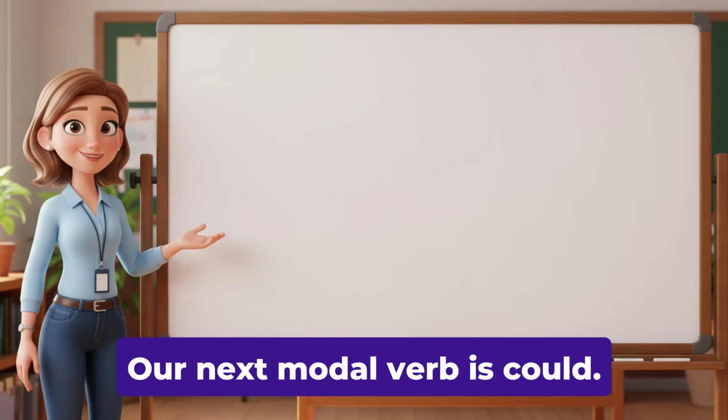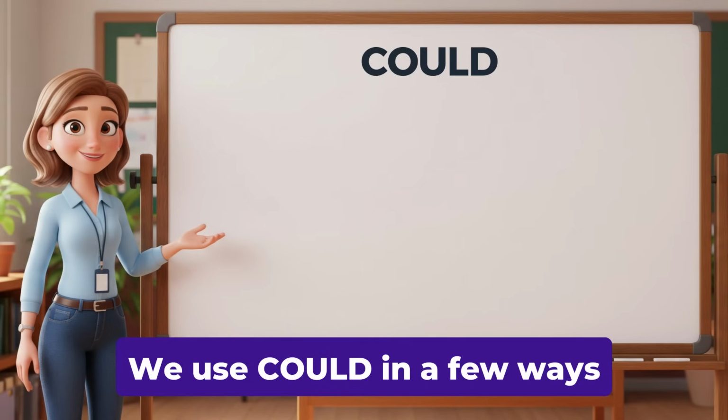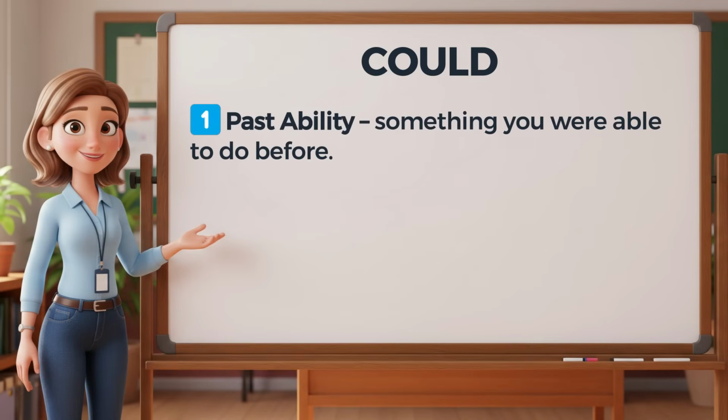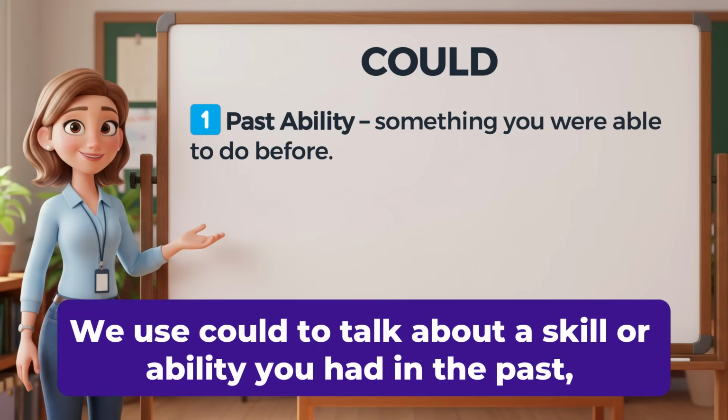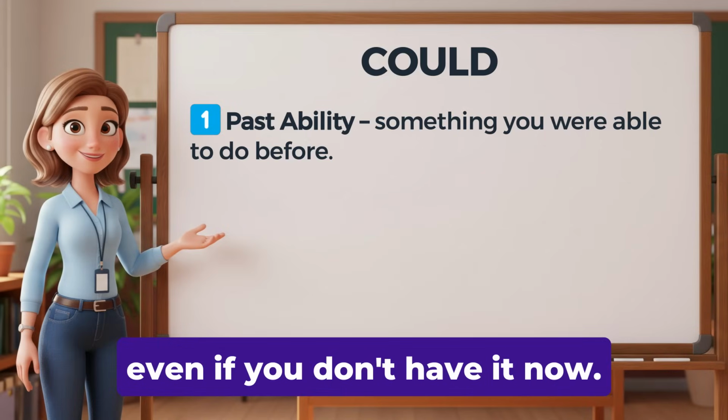Our next modal verb is could. We use could in a few ways. First, for past ability, something you were able to do before. We use could to talk about a skill or ability you had in the past, even if you don't have it now.